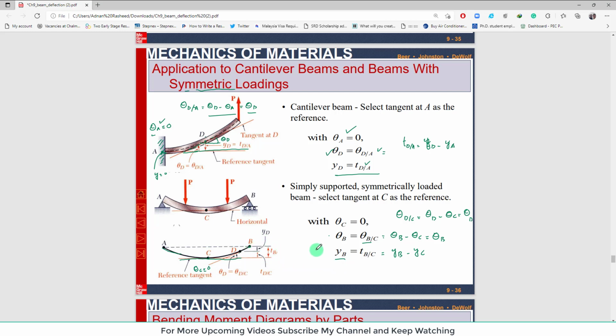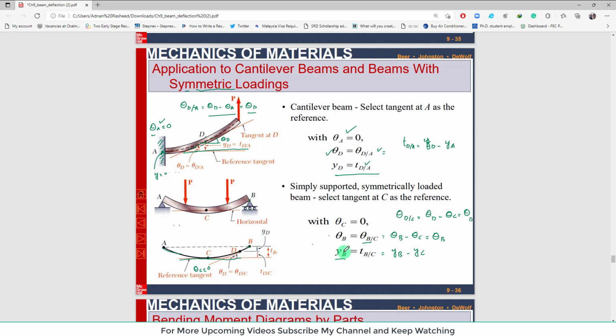Okay, I think there is a mistake in that. Let me check it as well. Not B, this is point D, because at point B there is a support, so deflection will be equal to 0.